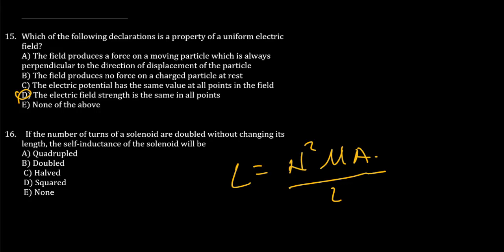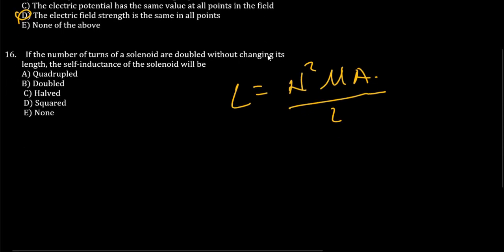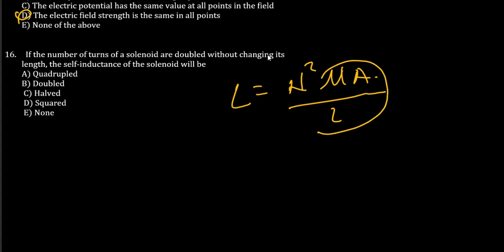We want to see how doubling the number of turns is going to affect the inductance. So if we keep mu A divided by L constant, it means L will be equal to K n squared. So I'm going to define it to be my L naught.